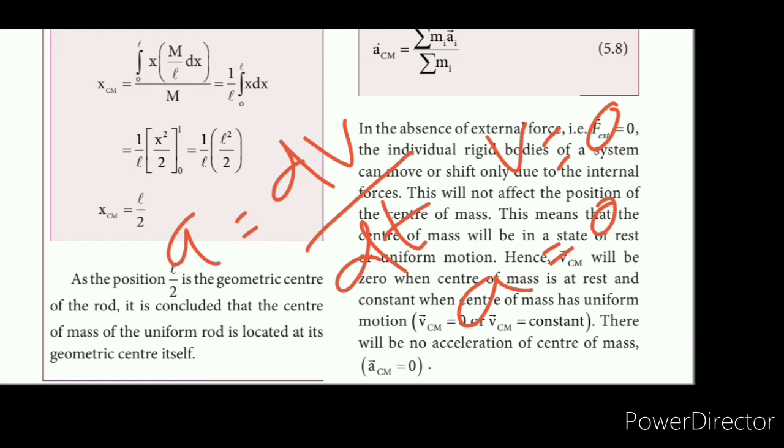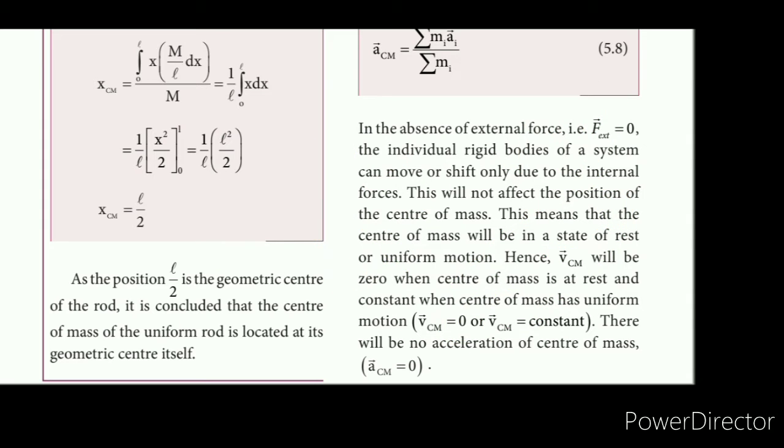Suppose it's a constant, say 6, what will happen if you differentiate the constant? It will give the value of 0 only. So the acceleration will be 0 when the velocity is constant, or when the velocity is equal to 0. Also note this down, this is very important.